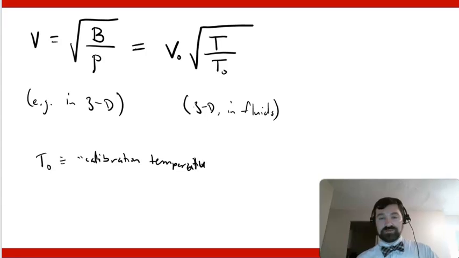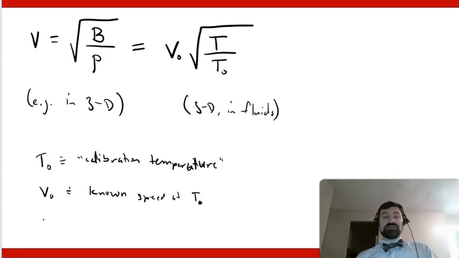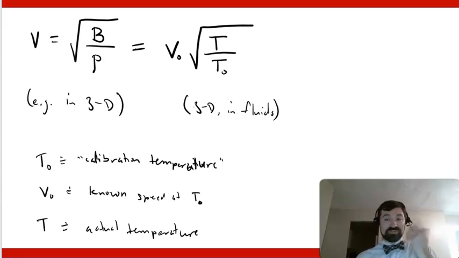So this is calibration temperature, and then V naught is the known speed at T naught, that temperature. And T represents actual temperature. So that's what those terms all represent. Okay.